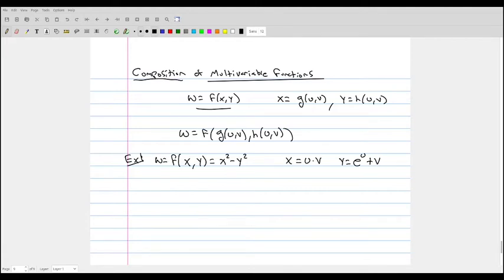So if w is equal to f of xy, then w, the composition as a function of u and v, is going to be uv squared minus e to the u plus v squared. This is how w depends on u and v in this compositional relationship.